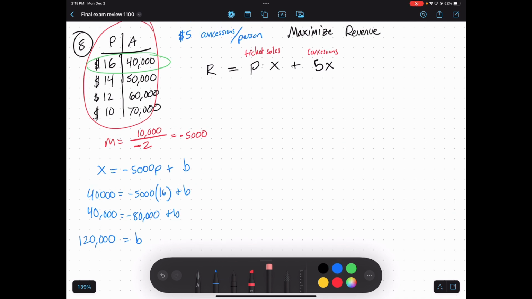So based off of this information, I now have this linear equation that X is equal to negative 5,000 P plus 120,000. What do I do with that?